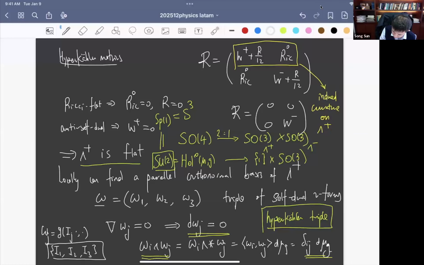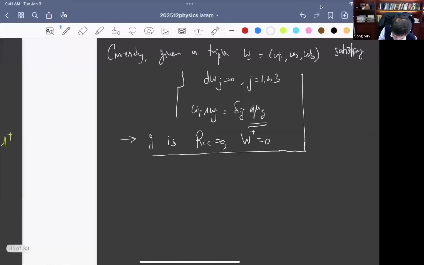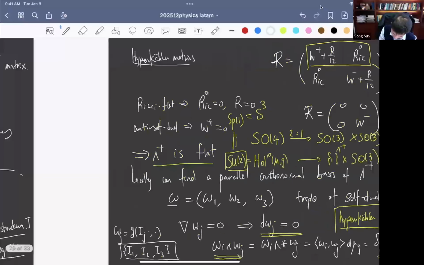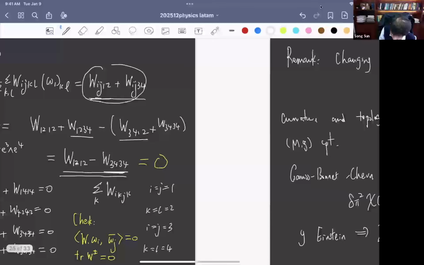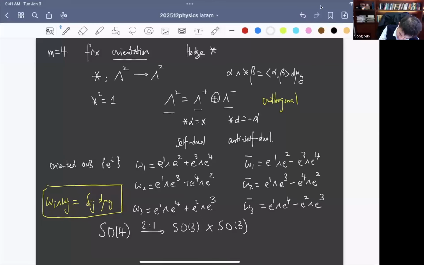Omega I, if you write that in this form, does not have norm 1, it has norm square root of 2, right? Yeah, sorry. In the linear algebra here, where is that? Yeah, so here there's 1/2 here. It is because you take omega 1 squared, you get twice e1 e2 e3 e4.